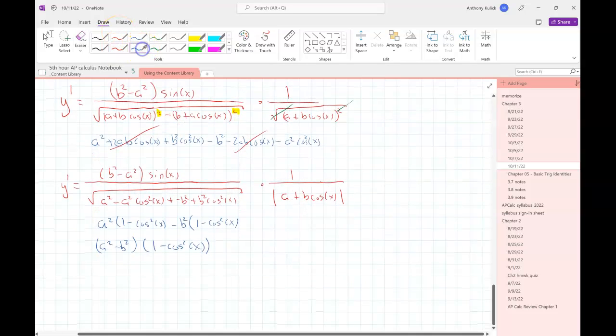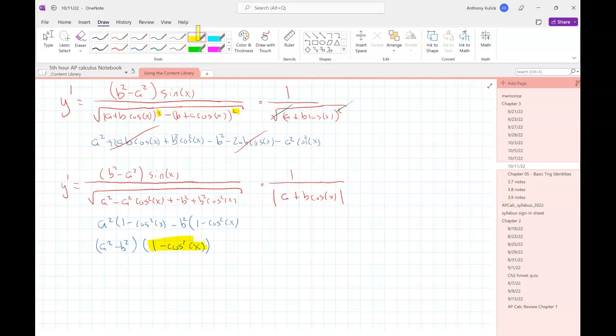And what do you guys recognize here? Yeah, what identity is it? It's sine squared, which is great.